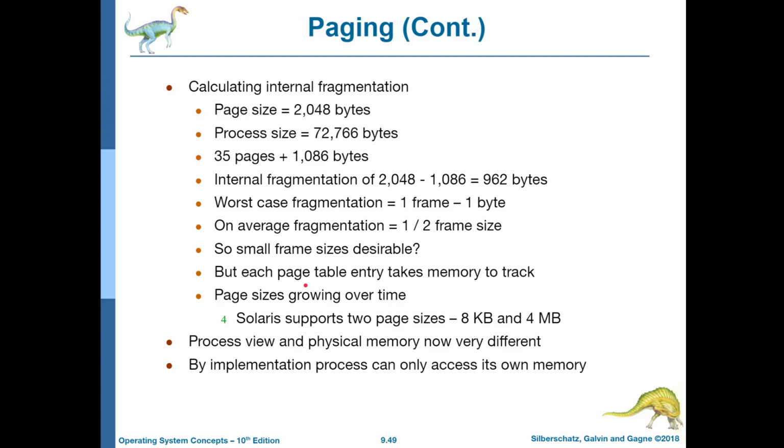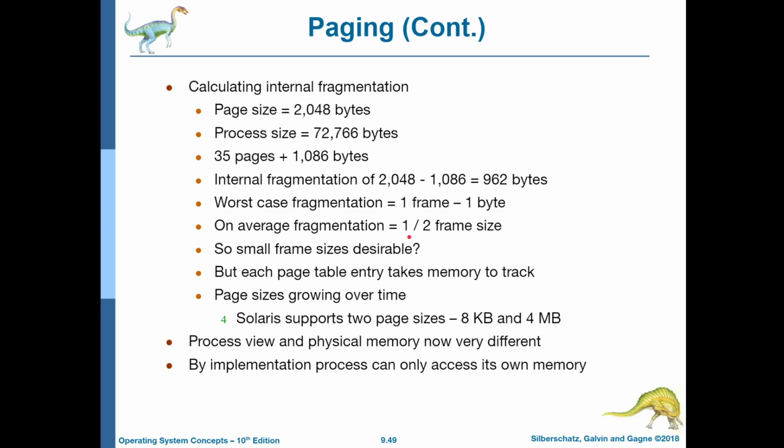If we reduce that, let's say we go to a 22-bit offset, leaving only a 10-bit page number, we'd only need 1 kilobyte of page table entries. But of course, our page sizes would be huge.